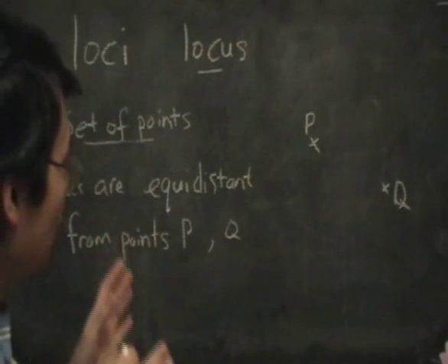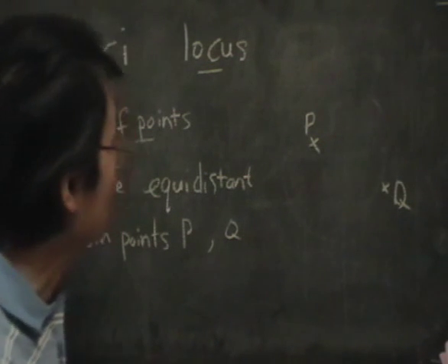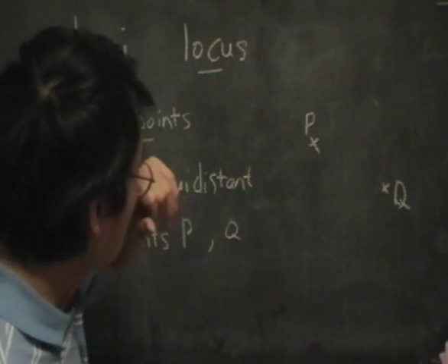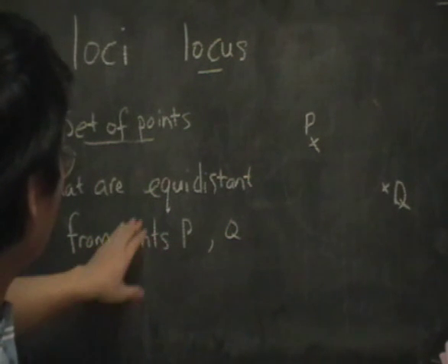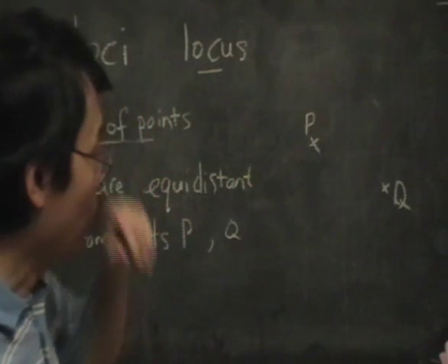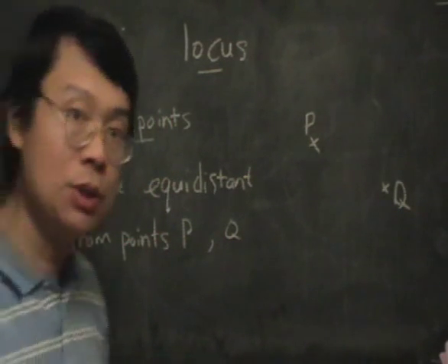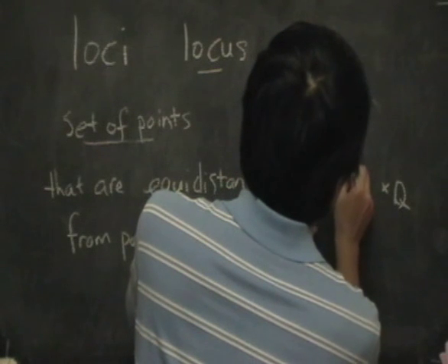So we have to start by understanding what this shape might look like. Now in this case, how can I find some examples of points that are at the same distance from P and Q? Well, the simplest one would be the center, right? So I put a dot there.